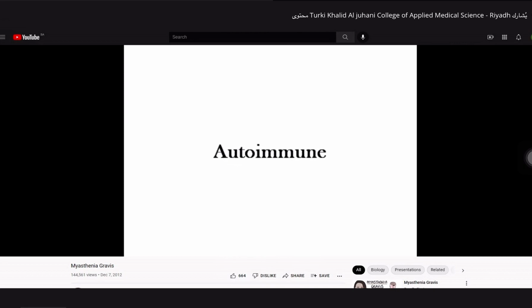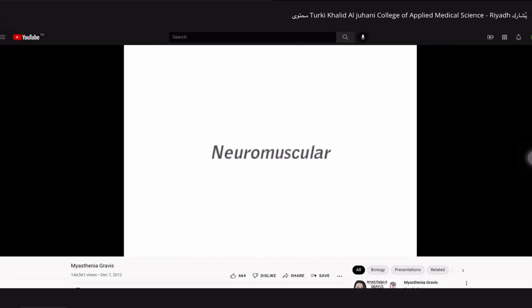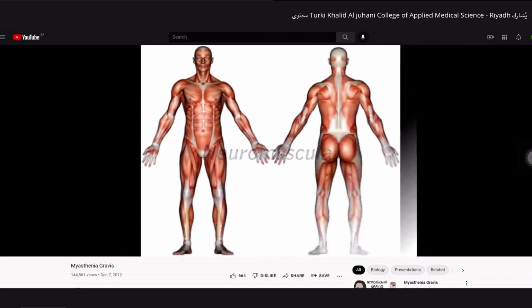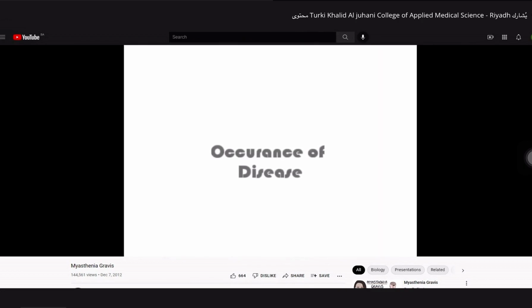Next is autoimmune. Autoimmune disease is when the body's immune system mistakenly attacks healthy parts of the body. Neuromuscular tells you what part of the body the immune system is accidentally attacking. So, put it all together, and myasthenia gravis is a long-term disease in which the immune system is attacking the muscle's neurotransmitters.